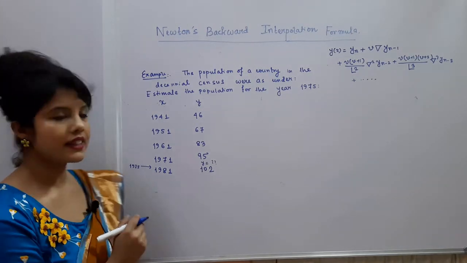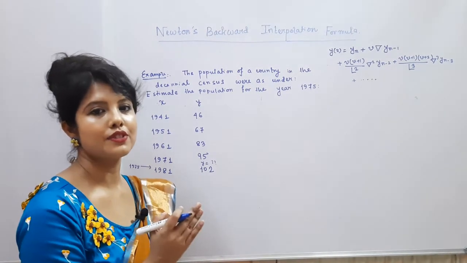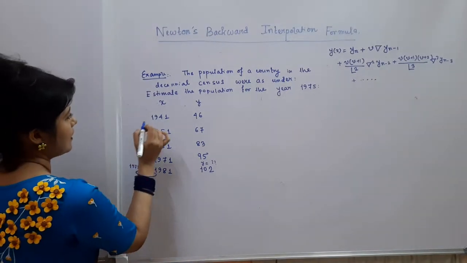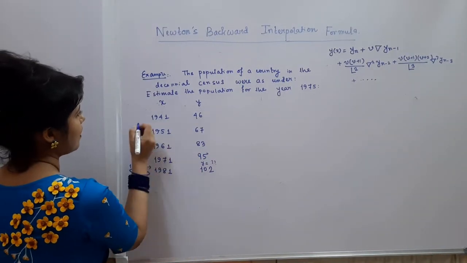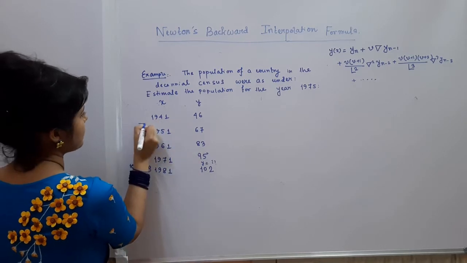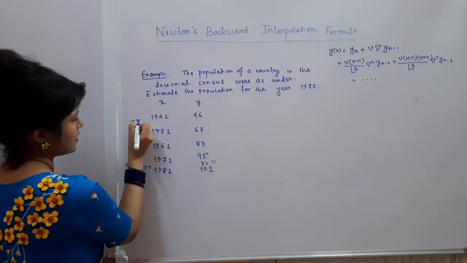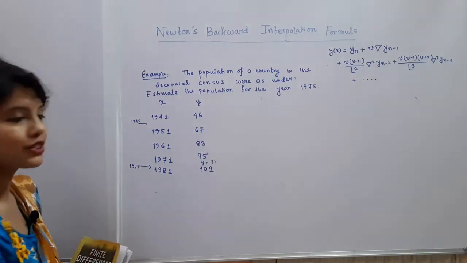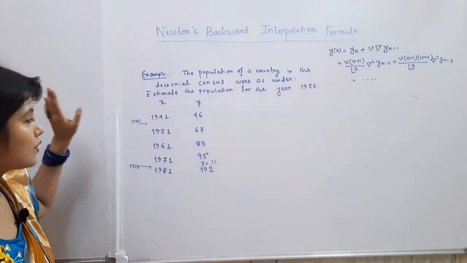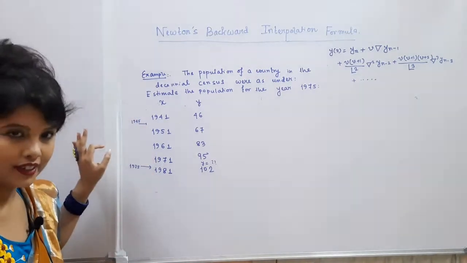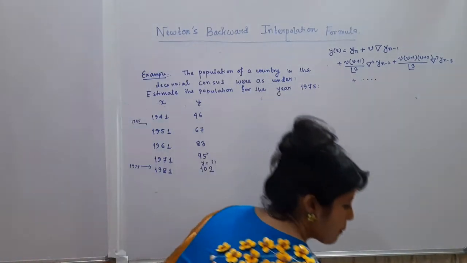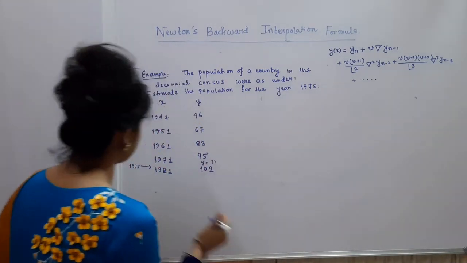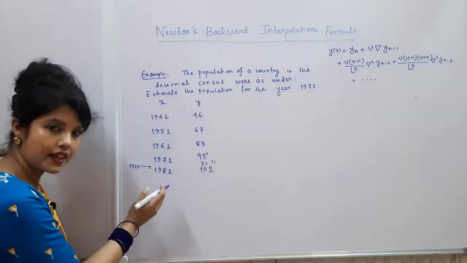I have already discussed a similar problem in Newton's forward interpolation formula in my previous class, where the value of x for which y was to be estimated was maybe 1945, at the top of the list, and that's why I used Newton's forward interpolation. But for this problem I have to use Newton's backward interpolation because 1975 is at the end of the list.